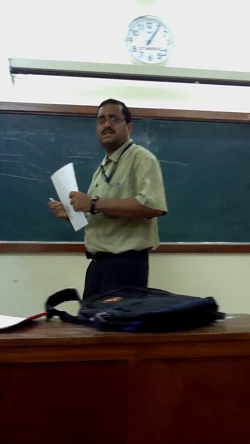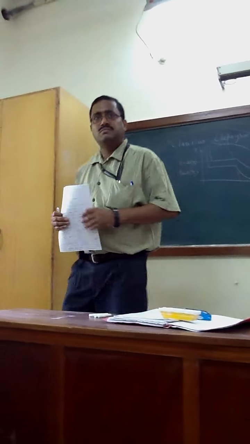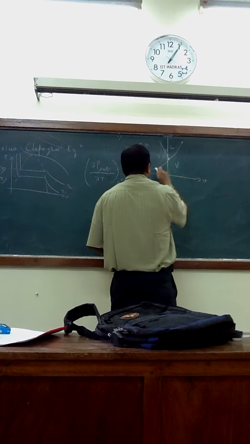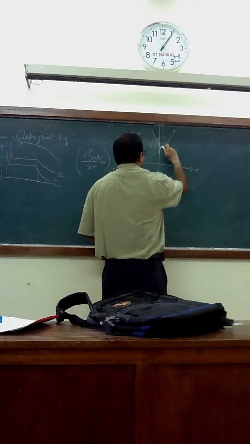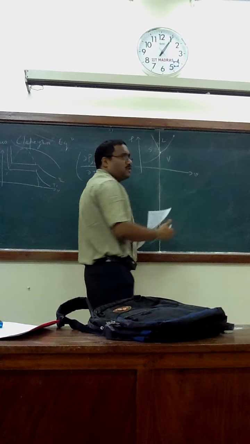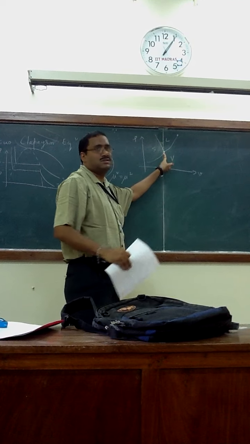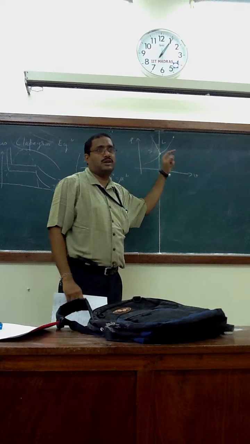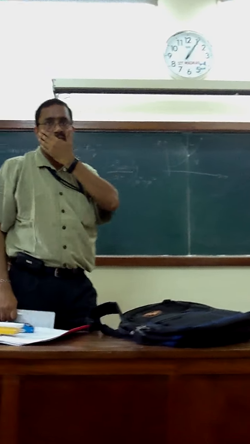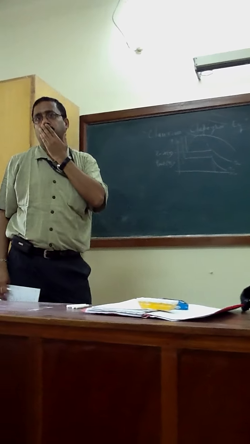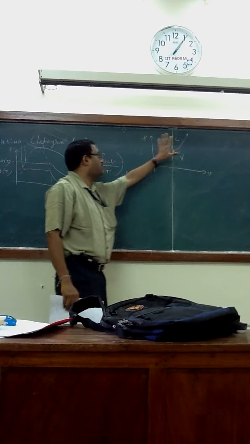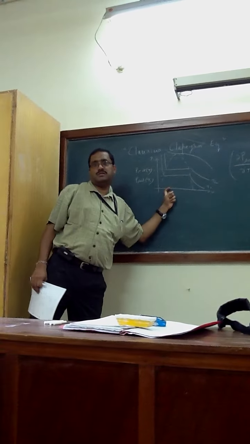Beyond that, everything is gas. So along this solid-vapor equilibrium, along this liquid-vapor equilibrium, along this solid-liquid equilibrium, and this point is called the triple point, where solid, liquid, vapor are all in equilibrium. And what we have done here, we have taken the liquid-vapor zone and put it here.